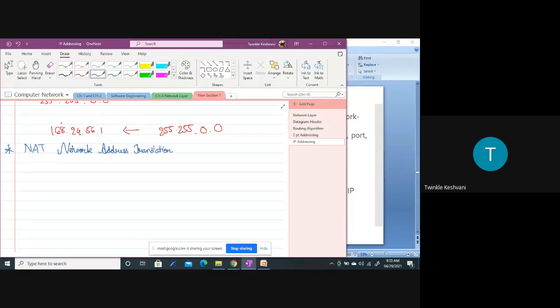So the inside IP address is the one that needs to be translated.